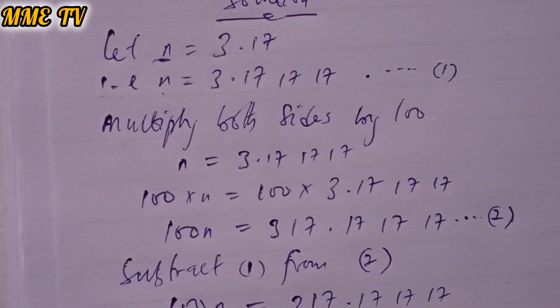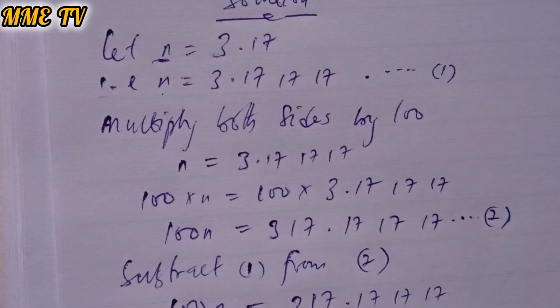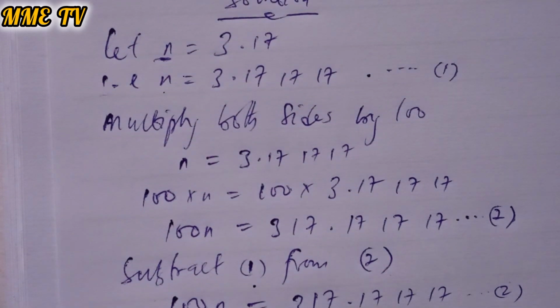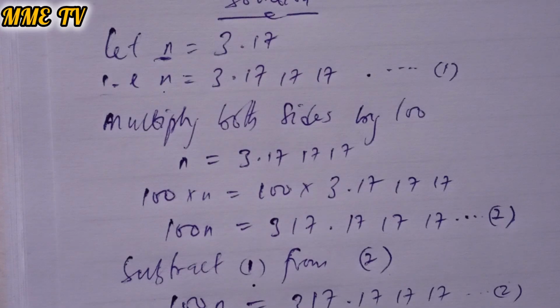Remember that this is equation 1 and this is equation 2. So we are subtracting 1 from 2. So when I subtract, if n is taken from 100n, it means that I remove 1n from it. So it remains 99n equal to 314.